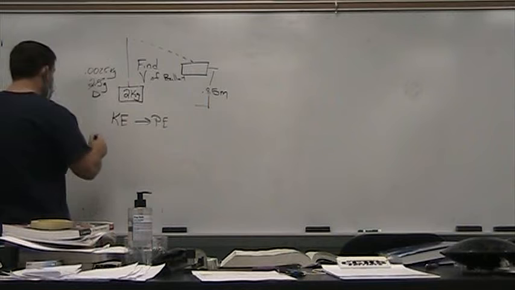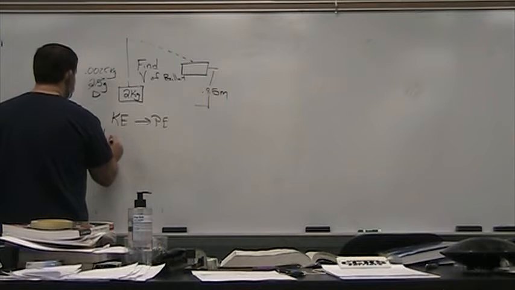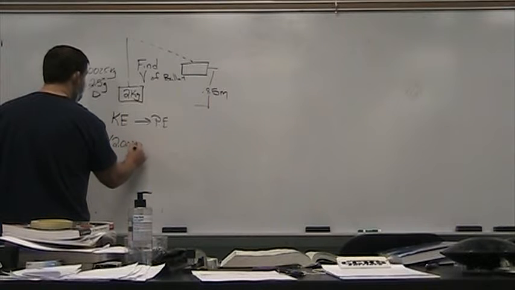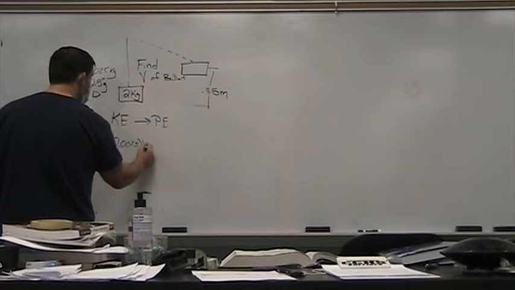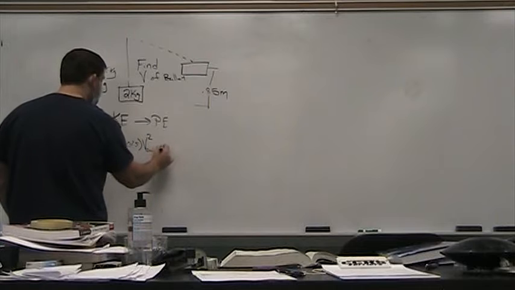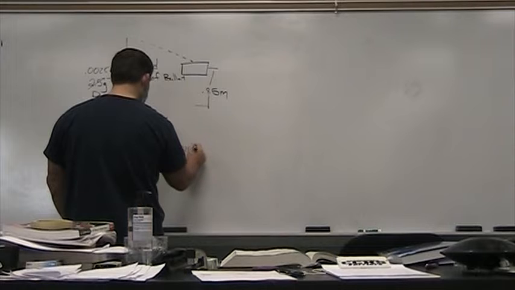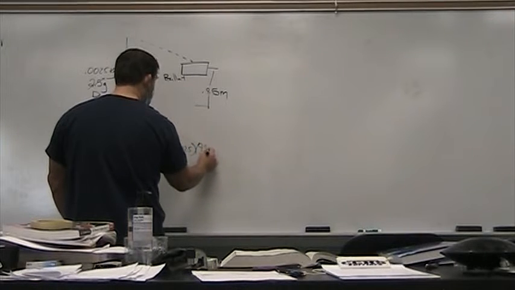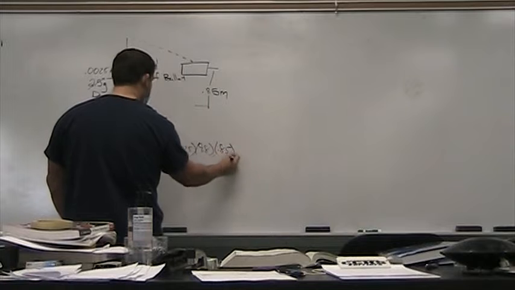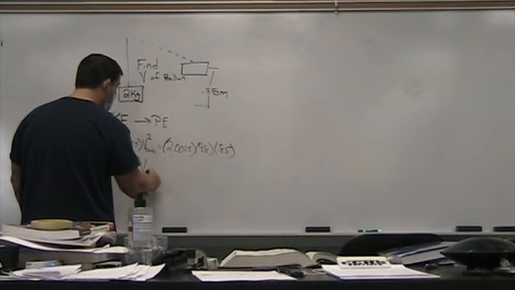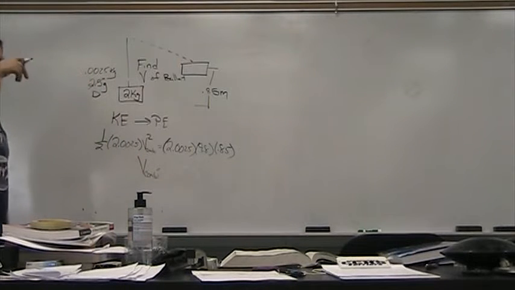So what it's going to look like is this: 1/2 times 2.0025 V squared, I'm going to write combo, is equal to, actually it's the same mass, and the height was 0.85. Now guess what, I want you to find the velocity of the combo here. And that's not what we're looking for.